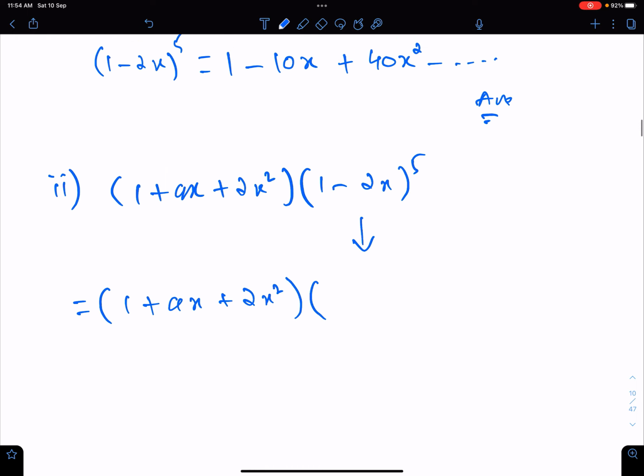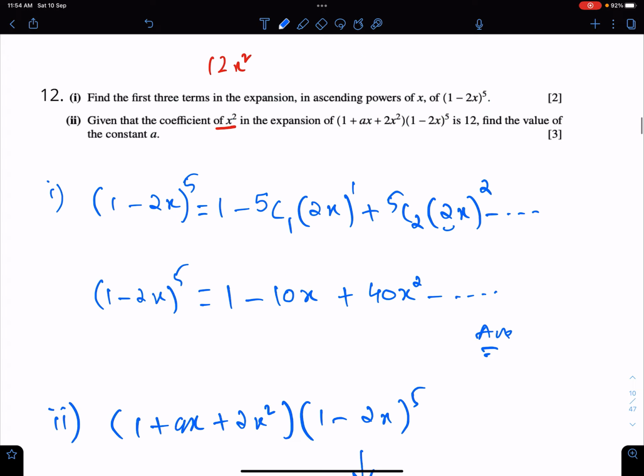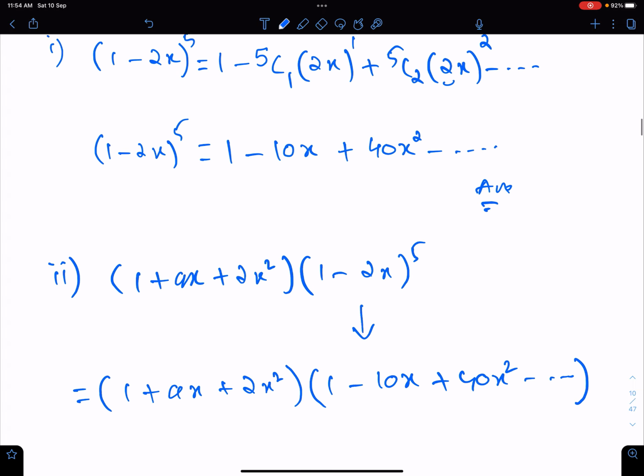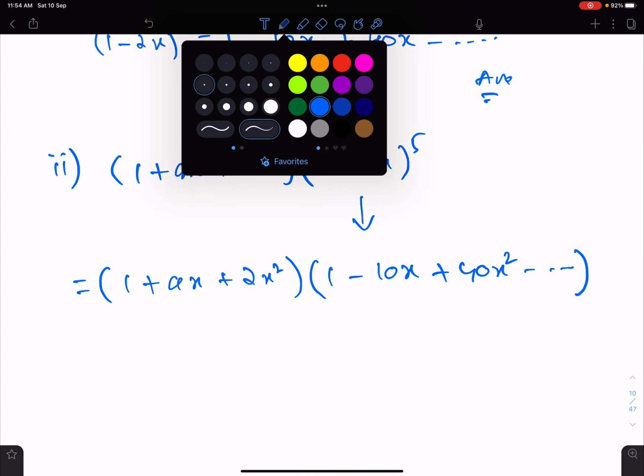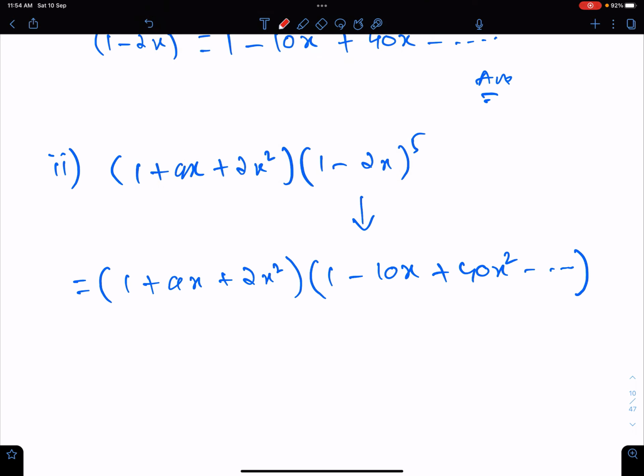And the answer of part 1 is 1 minus 10x plus 40x square. Now, given the coefficient of x square, we need to multiply those terms which will give us x square. So we just need to multiply selected terms. We don't need to multiply both the expansions completely. We don't need to expand this completely. It will waste our time.